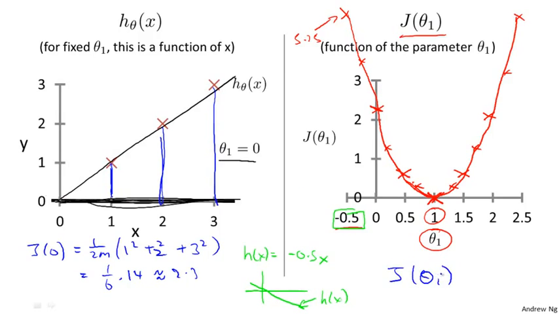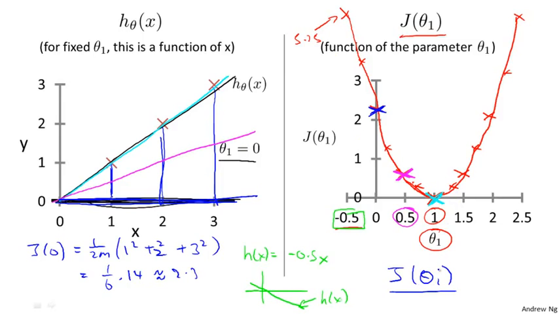For example, theta 1 equals 1 corresponded to this straight line fit through the data, whereas theta 1 equals 0.5, this point shown in magenta, corresponded to maybe that line, and theta 1 equals 0, which I'm going to show in blue, corresponds to this horizontal line, right? So for each value of theta 1, we wound up with a different value of J of theta 1, and we could then use this to trace out this plot on the right.